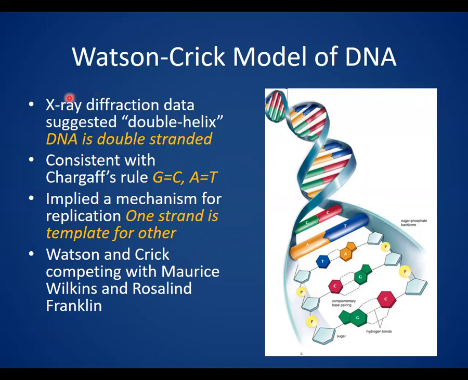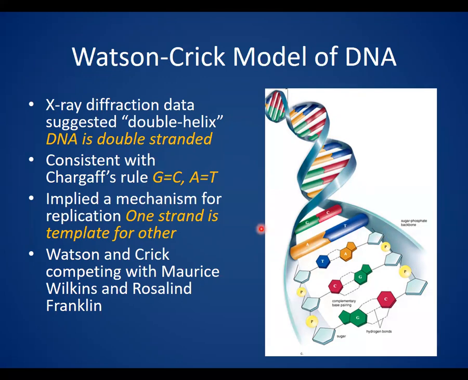So Watson and Crick looked at X-ray diffraction data, and they saw that from the X-ray diffraction data, it suggested that DNA was in the form of a double helix. That is, two strands of DNA wound around each other in a helical fashion. That is, they spun around each other, right?